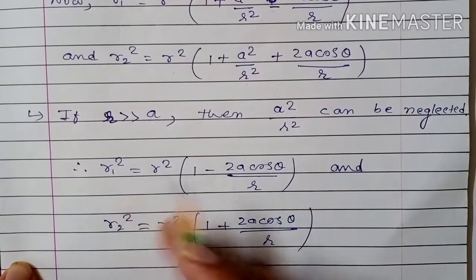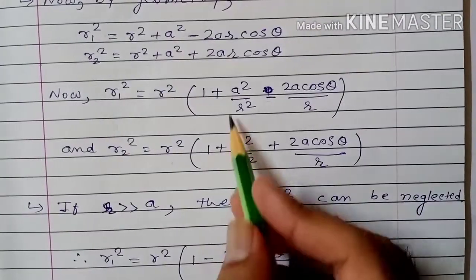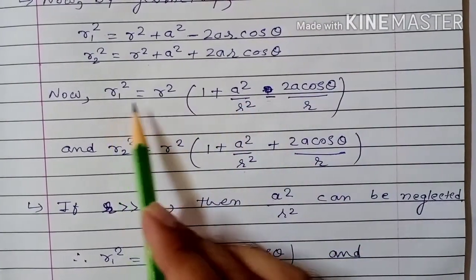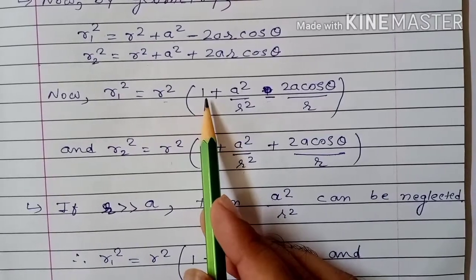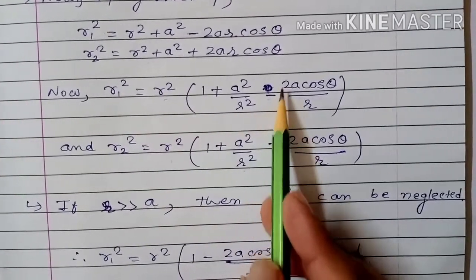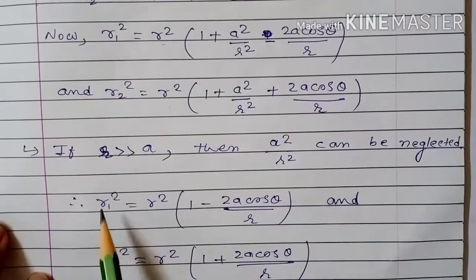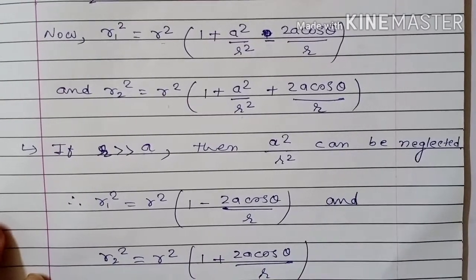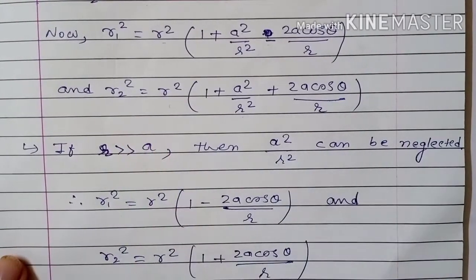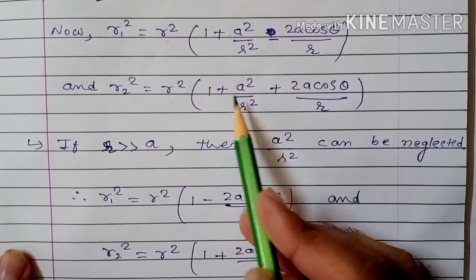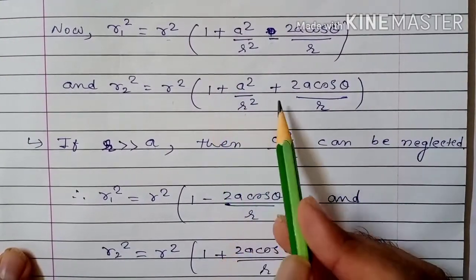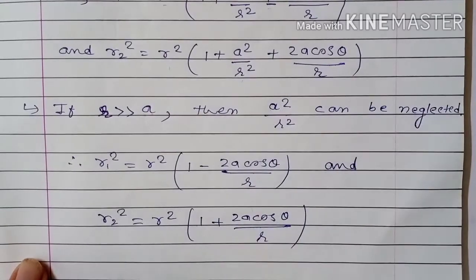Therefore, r1 square can be written as, if we neglect a square by r square, then what will remain? r1 square is equal to r square into 1 minus 2a cos theta by r. Similarly, we can write r2 square is equal to r square, a square by r square we have to neglect, then what will remain inside the bracket? 1 plus 2a cos theta by r.